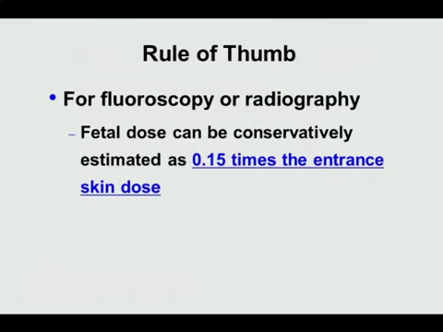So, the rule of thumb is, in cases where the fetus is not directly in the beam, any particular type of procedure, whether X-ray, fluoroscopy, or CT, is deemed quite safe because the internal scatter reaching the fetus is quite small.